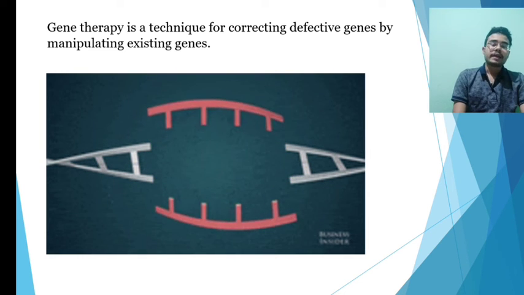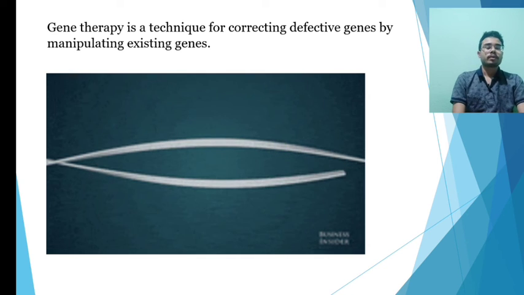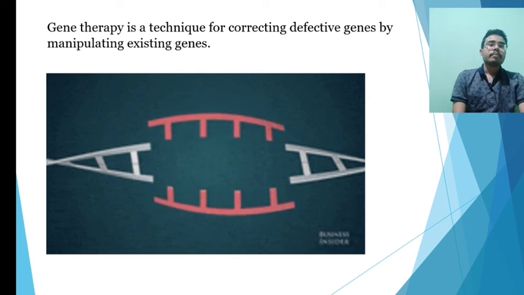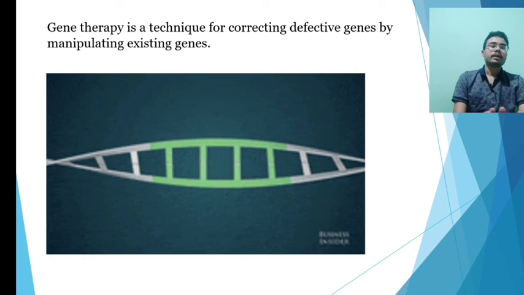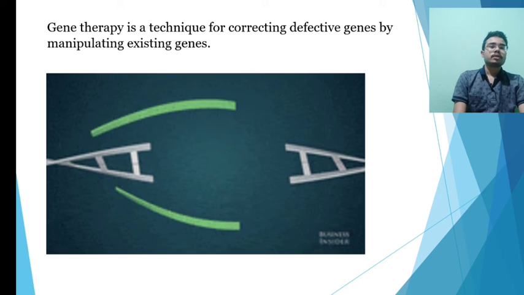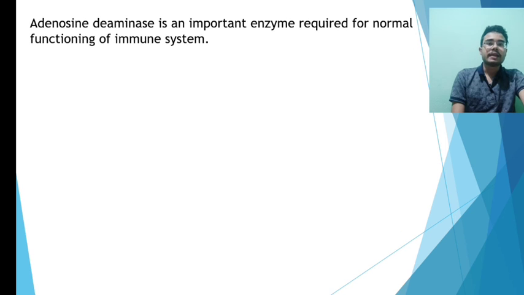To rectify this, we may take help of gene therapy. So gene therapy is mainly a technique to rectify defective genes or some deleted genes in the human or plant body. Now let us know about it with an example, that is ADA.